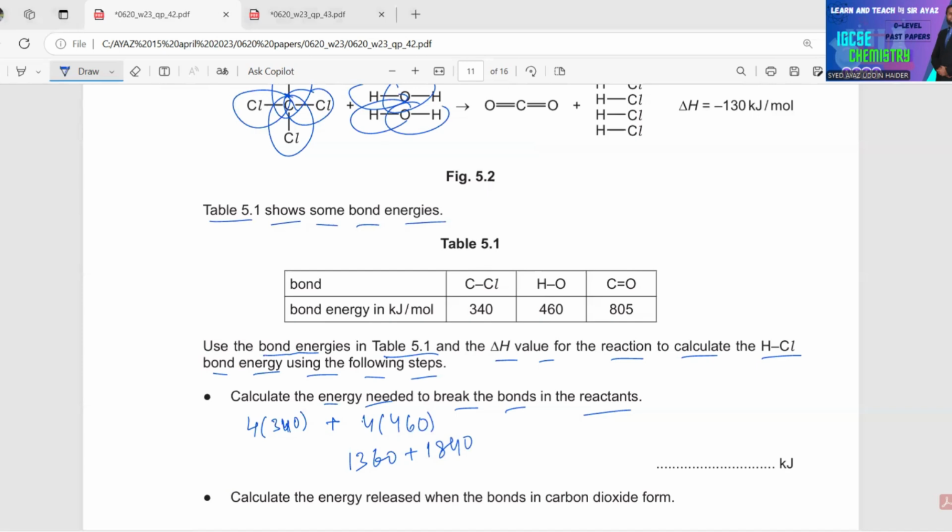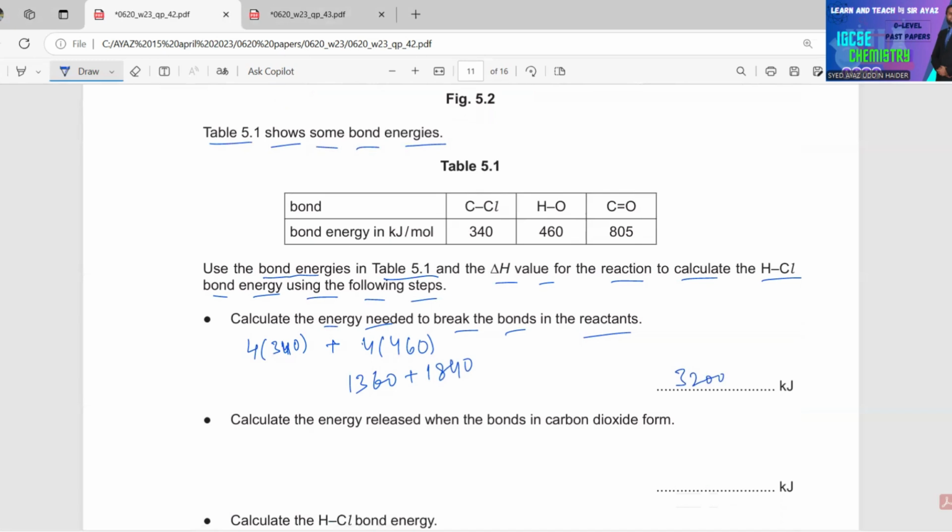Adding up these values, 1360 plus 1840, 3200. 3200 kilojoules for the reactant side.